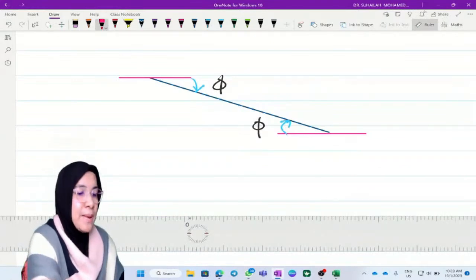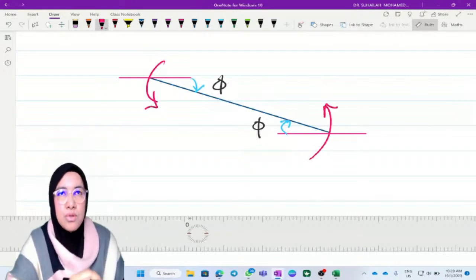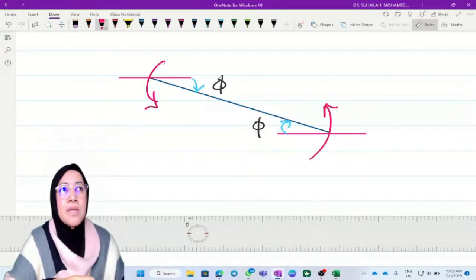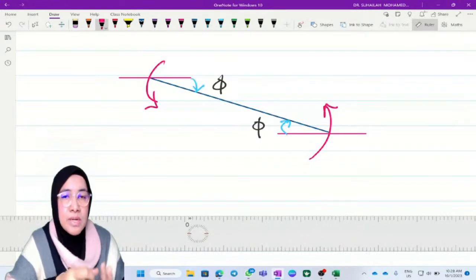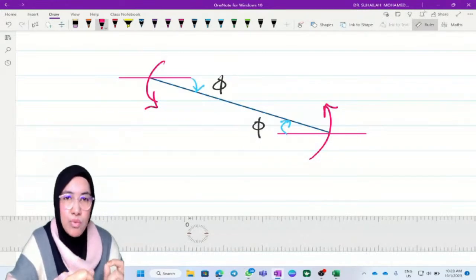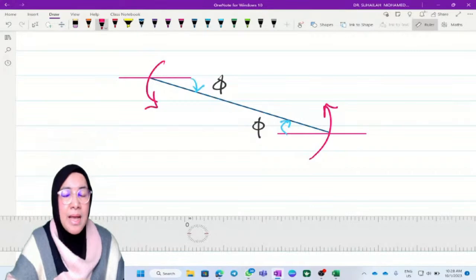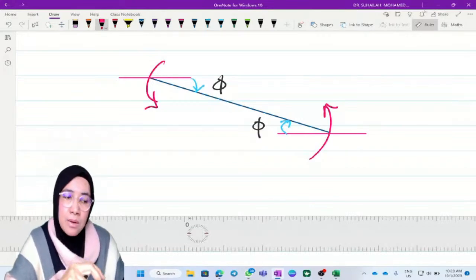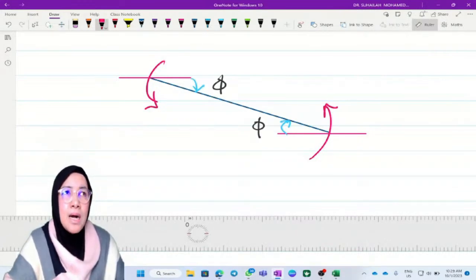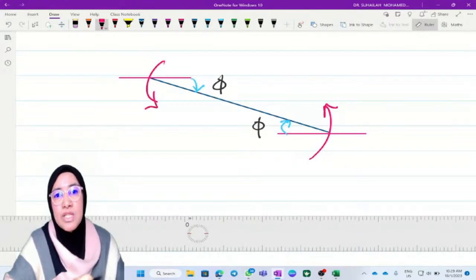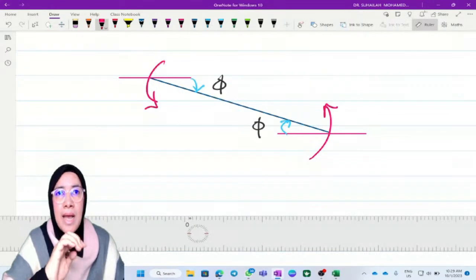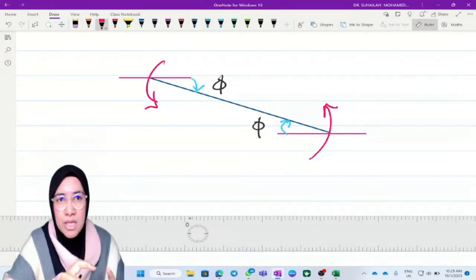It means we apply moment in this direction, so that we get back to the original position. So between angle and FEM, it must be opposite. Why do we need to do this? Because the angle is determined easily, as we measure from its original position.